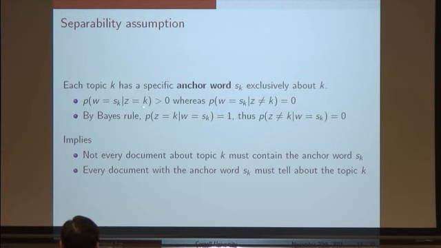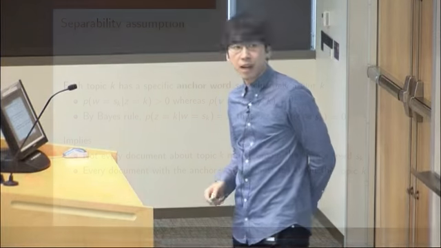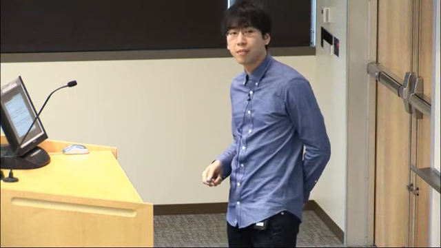When that topic is given, we have a positive probability to observe that anchor word, whereas given a different topic, there is no probability to observe that specific word. This implies not every document about topic K must contain that anchor word, but every document which contains that anchor word will tell us at least something about that topic.